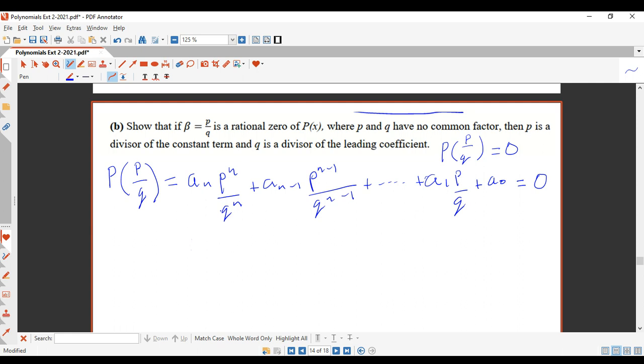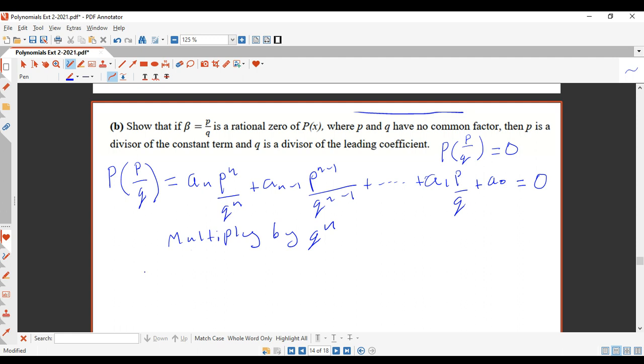Okay. So what we're going to do then, first things first, is clear these fractions out of the way. If I multiply everything by q to the n, that should get rid of all the fractions.